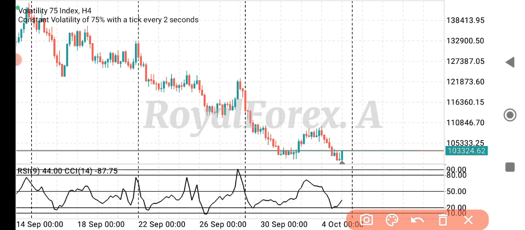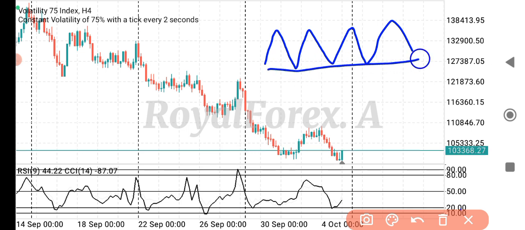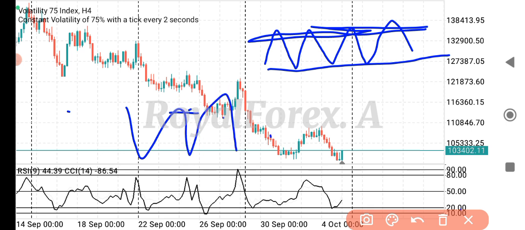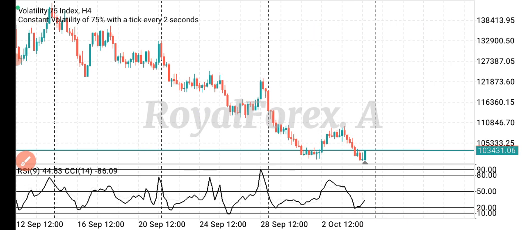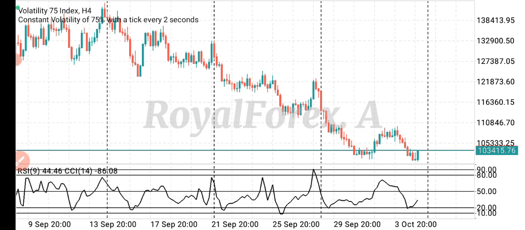A static support and resistance is when you see price making equal high and equal low. So in this scenario, this is a static support and resistance. All that price is doing is equal high and equal low. And whenever you have such a scenario of equal high and equal low, we are having a static support and resistance.